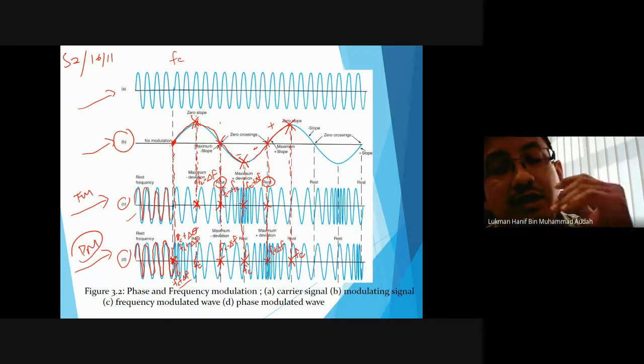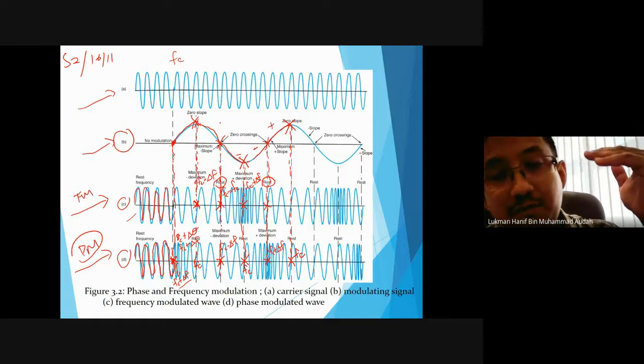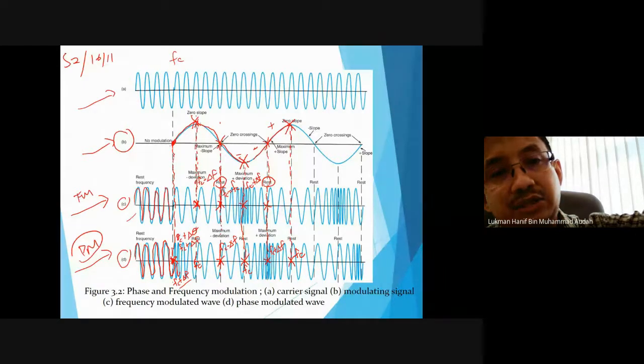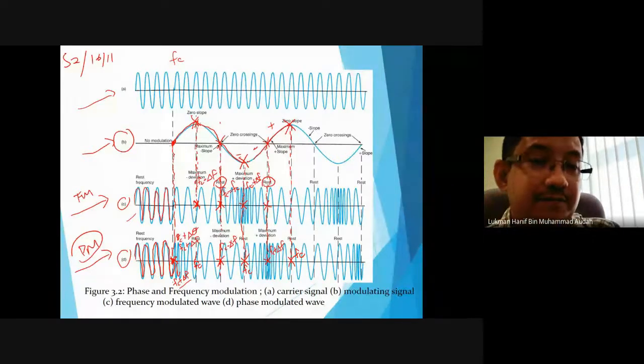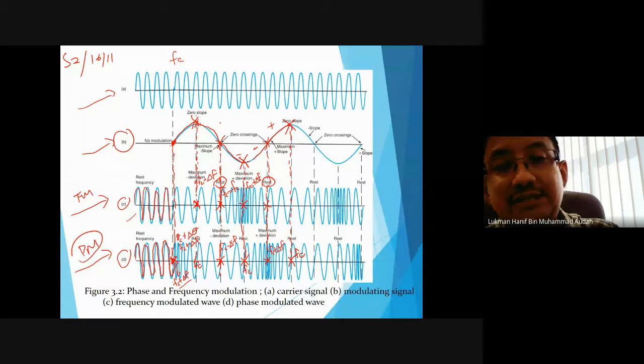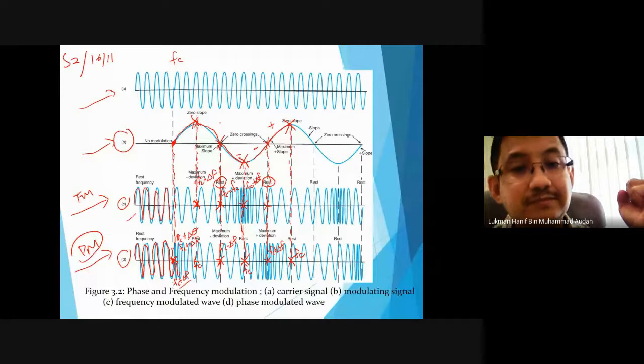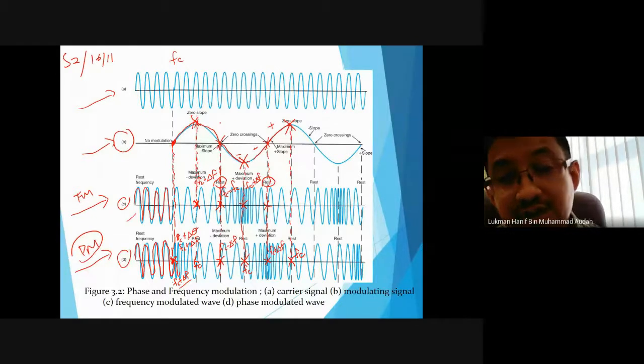Maknanya perubahan PM wave ini berlaku yang kritikal pada ketika gelombang VMT ini memotong paksi X, sama ada daripada polarity positif ke negatif atau negatif ke positif. Satu, PM berubah pada zero crossing, FM berubah pada ketika peak amplitude. Perubahan maksimum. Okay, so you should understand about this.